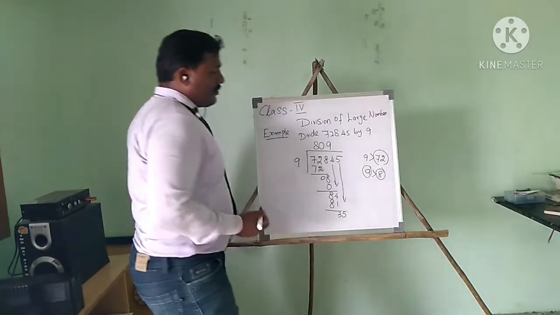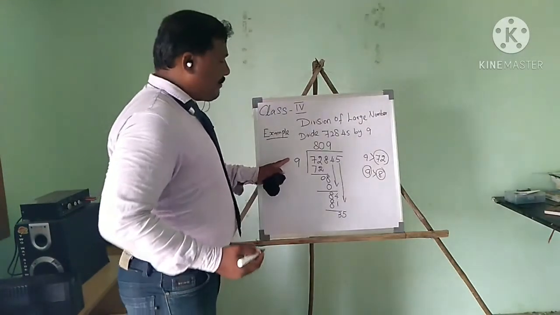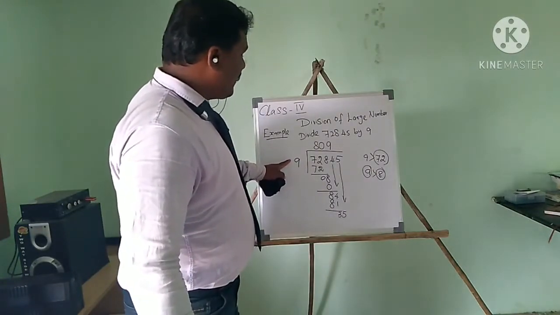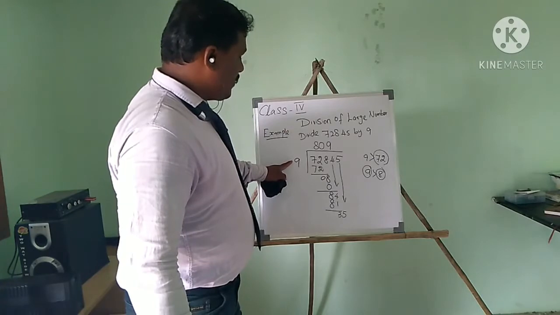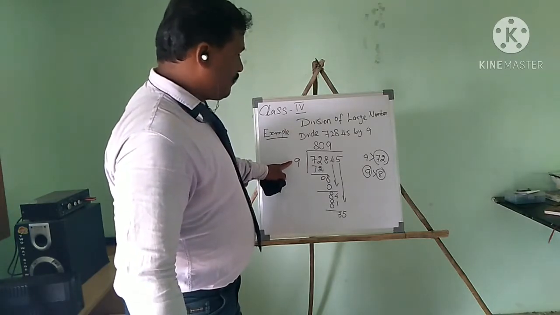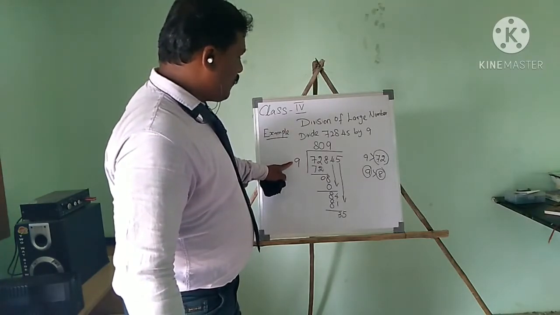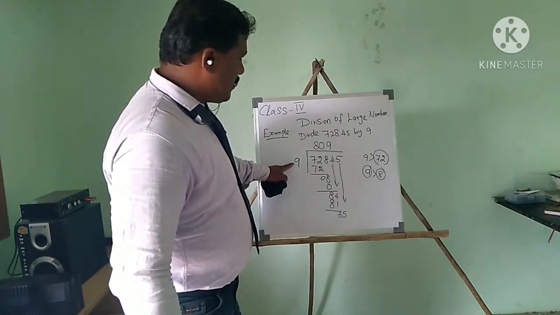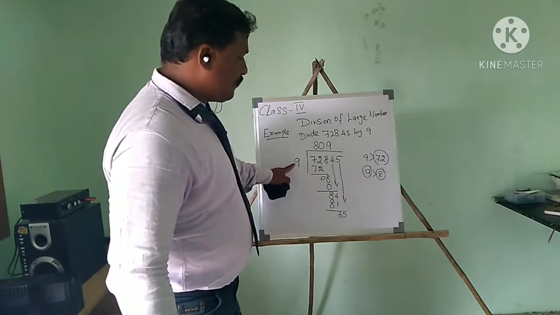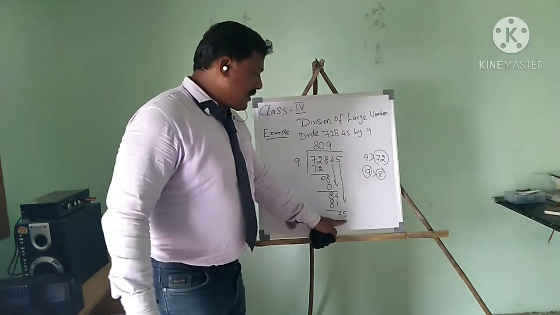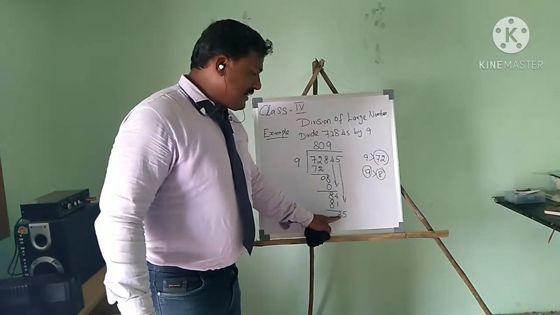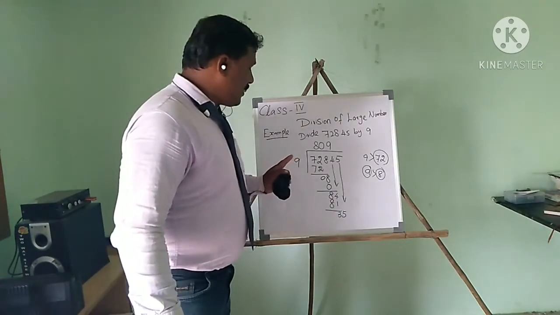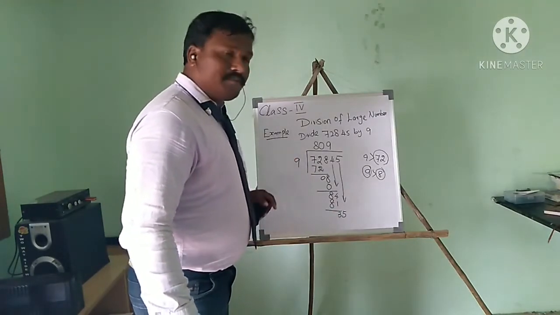So 35. Now I am going to divide by 9. 1 9 is 9, 2 9s are 18, 3 9s are 27, 4 9s are 36. 36 is bigger than 35, so we have to take 3 times. 3 9s are 27.